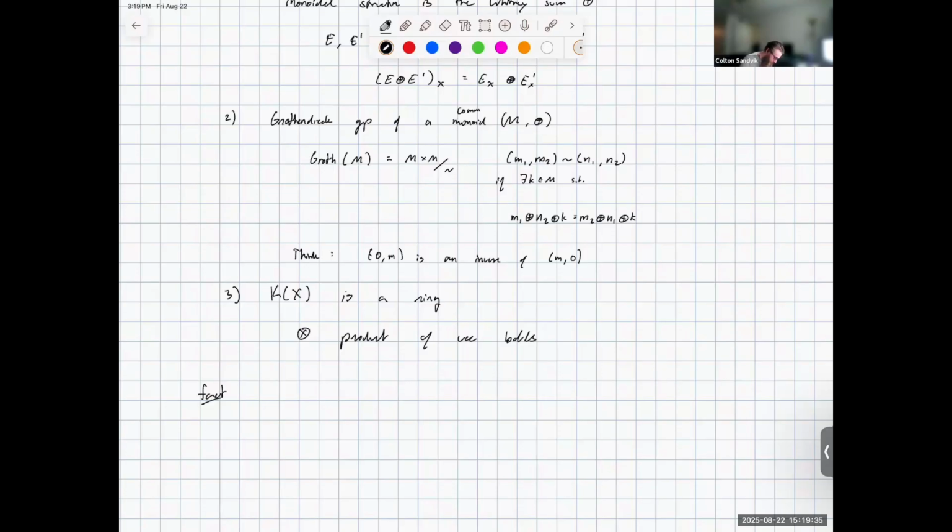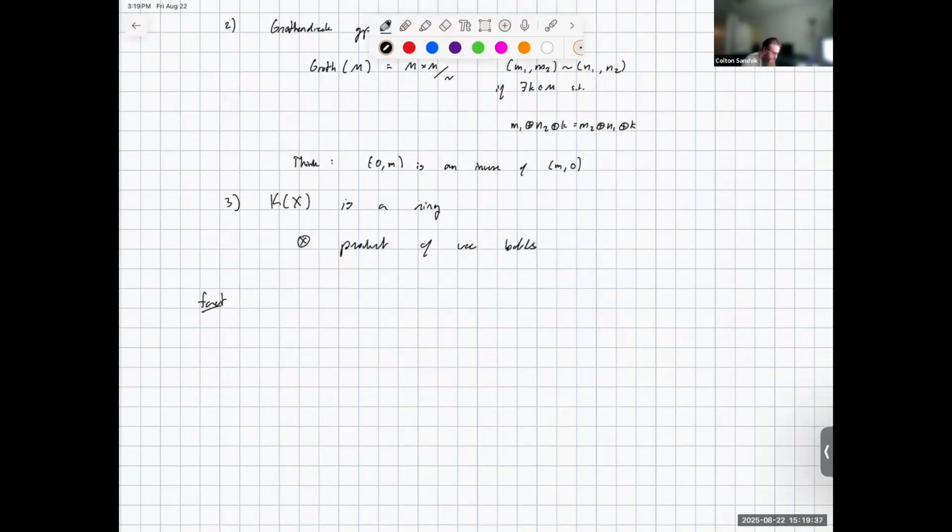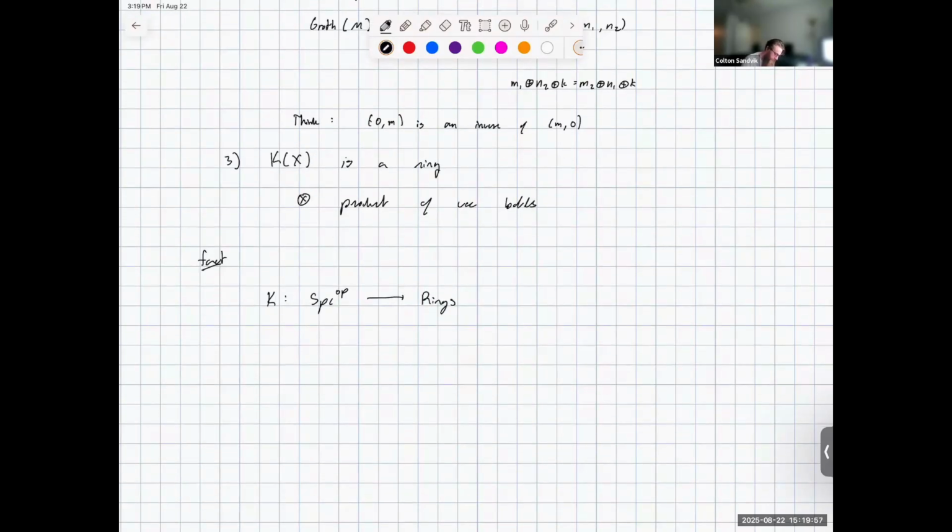So here's a fact. If we look at K as a map from spaces, I'm writing spaces for whatever nice spaces one might be working with, and going to rings. So as a functor, this is a generalized cohomology theory.